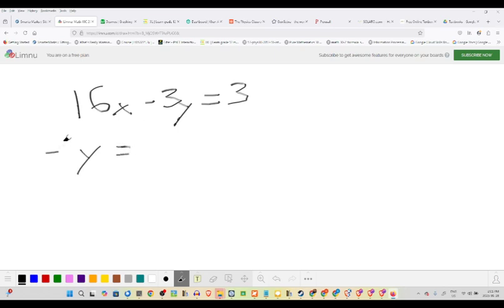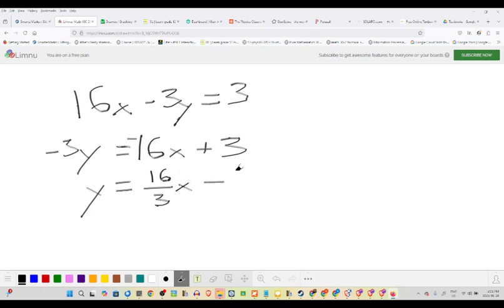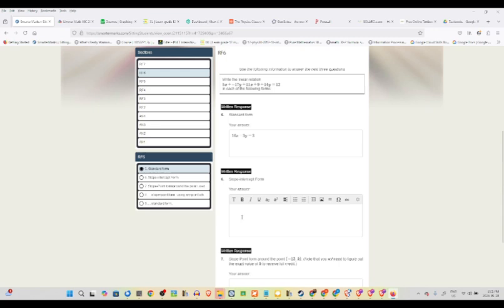So let's start by isolating our term with y. It's going to be negative 3y equals negative 16x plus 3. Divide everything by negative 3. We're going to have 16 over 3 x minus 1. So here's our slope-intercept form: y equals 16 over 3 x minus 1.